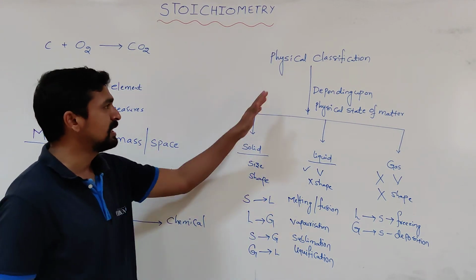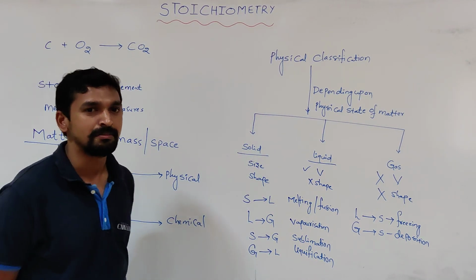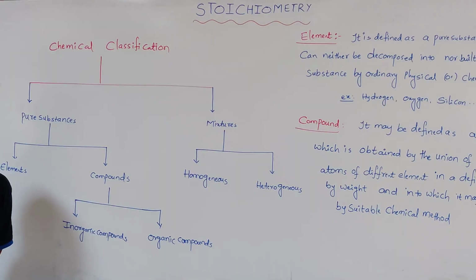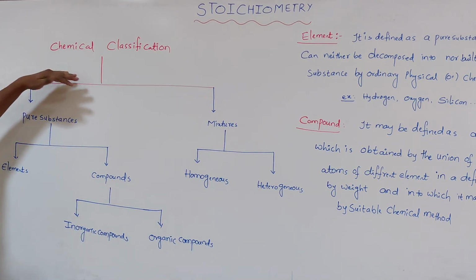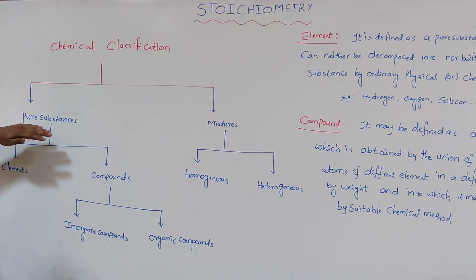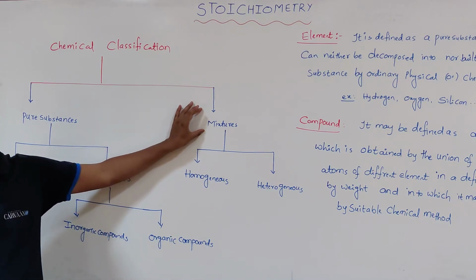So this is about the physical classification of a matter. The second classification of a matter is the chemical classification of a matter. It is based on its composition, on the constituent particles of a matter. Based on the chemical classification, matter can be classified into two types, pure substances and mixtures.